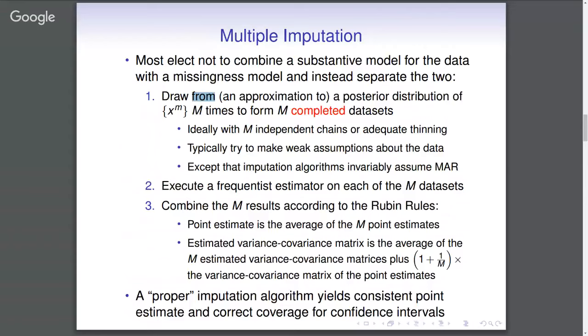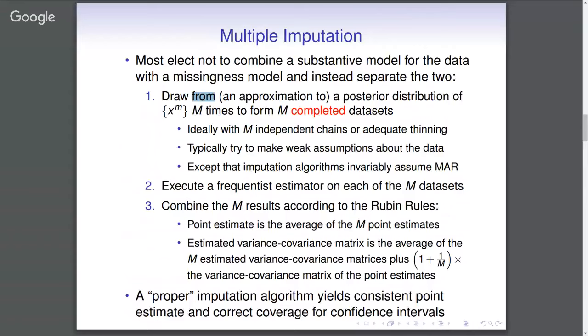So you have a point estimate, which is the average of the M point estimates, and you can estimate the variance covariance matrix of the estimator using some formulas that involve an inflation factor of 1 plus 1 over M. So you want M, the number of completed data sets, to be large, so you're not inflating your variance that much.